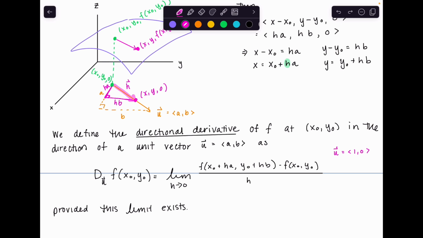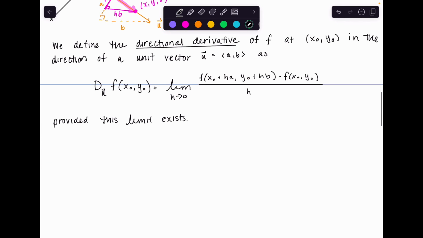And then likewise, if I switch these around, if it's 0, 1, that's j. So 0 for a would make this disappear, and then that part would just be h, exactly the partial with respect to y. Okay. So this is just a more general derivative or rate of change. Right? But again, very, very difficult to compute.